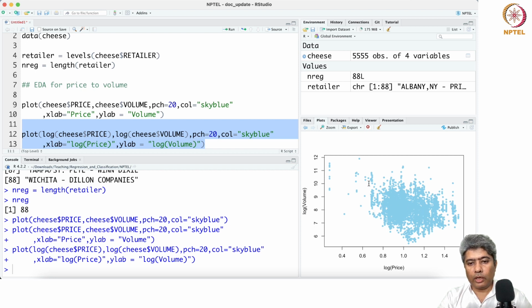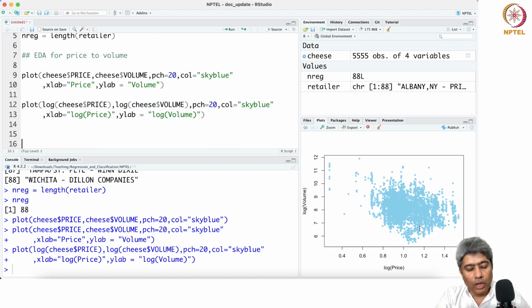It looks like log price versus log volume has an expected slope, sort of fitting a line, you see. That means most likely modeling log price and log volume will be much more effective than trying to do something different.